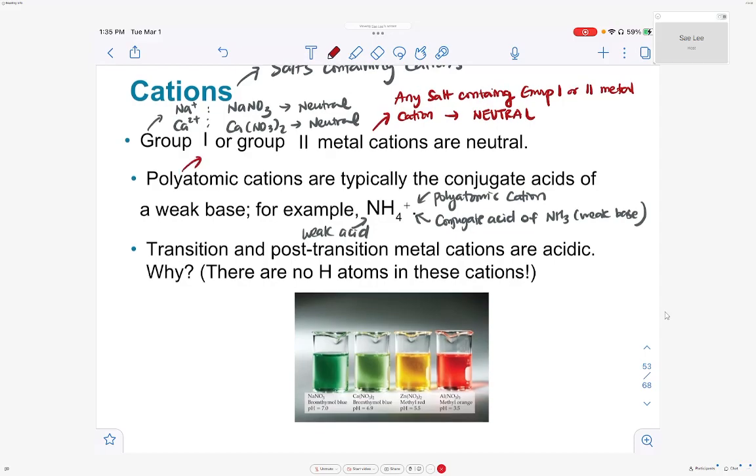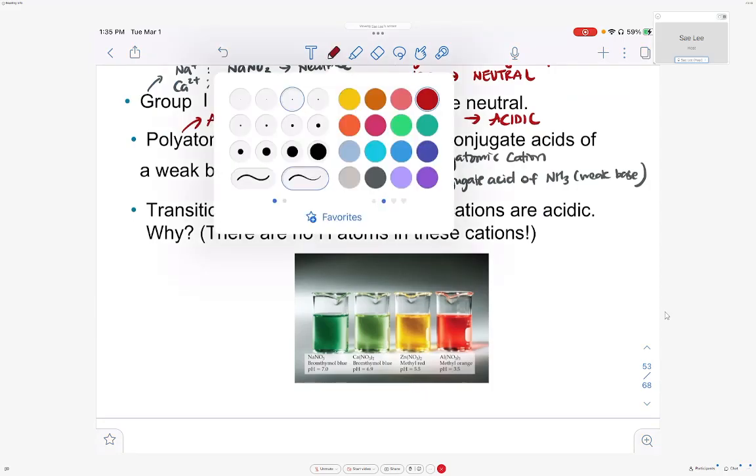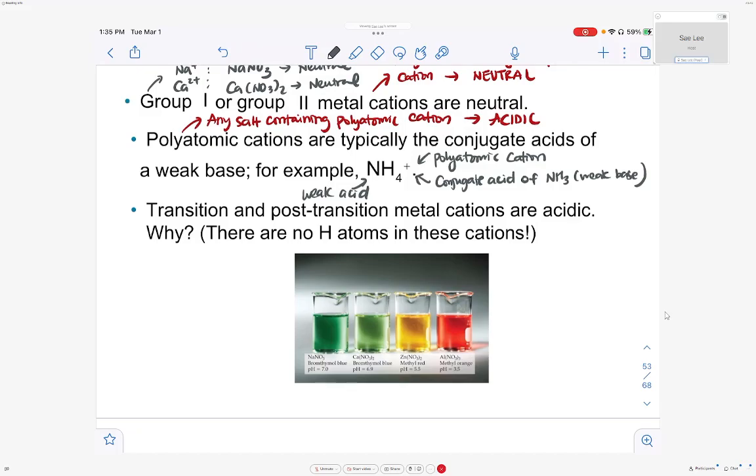Here, any salt containing a polyatomic cation is generally acidic. Okay. Thirdly, any salt containing transition and post-transition metals is going to be acidic.